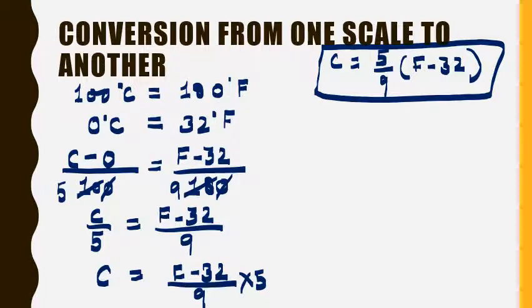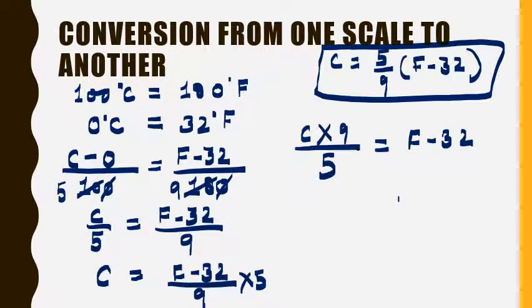Now from this formula only we can find out the formula to convert degree Celsius to degree Fahrenheit. How? Again by doing cross multiplication. So what can be done? We can write, first we will take 9, C into 9 upon 5 is equal to F minus 32. Or to find out F, we leave F here only.